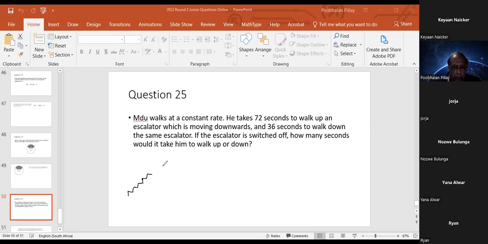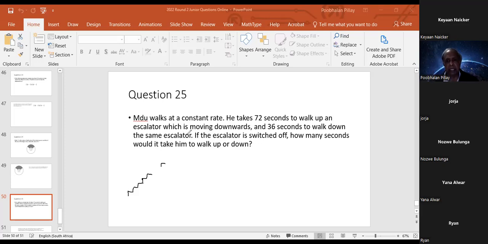So it goes on like that. Now, when he walks up the escalator, we're not concerned ourselves about how many miles per hour or how many kilometers per hour you take. Your measurement is how many steps he takes. And it's in seconds.